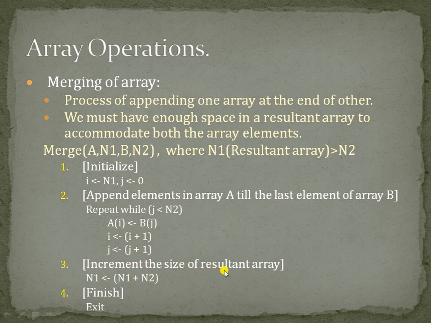Now I will increment the size of resultant array because now it contains the combination of two arrays, so n1 equals to n1 plus n2, and at the end the algorithm gets finished.